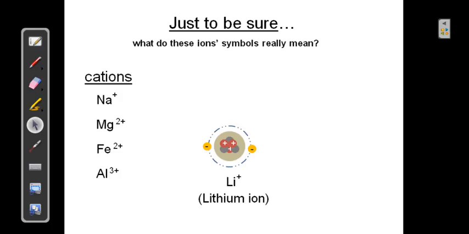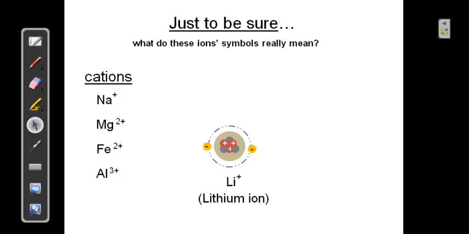In other words, lithium has an excess of 1 proton relative to its electrons. That is the reason why lithium is given the symbol Li+, 1 positive, and this is why we call lithium an ion. Lithium is not a noble gas, but has become an ion instead, although it looks like helium.